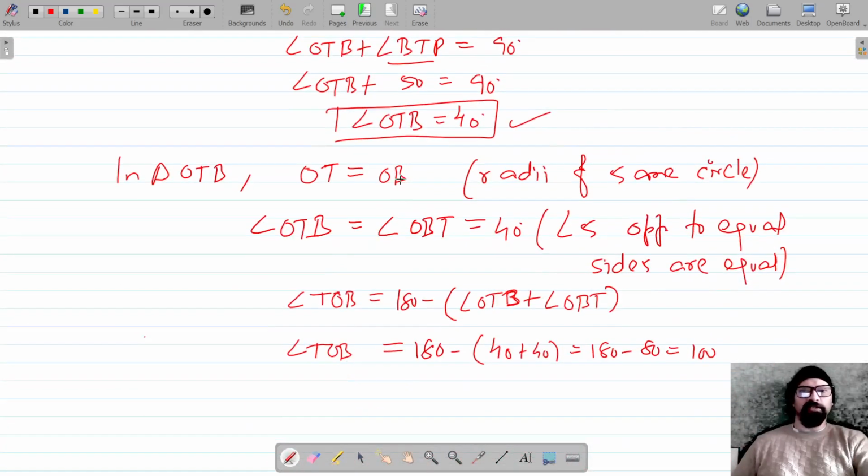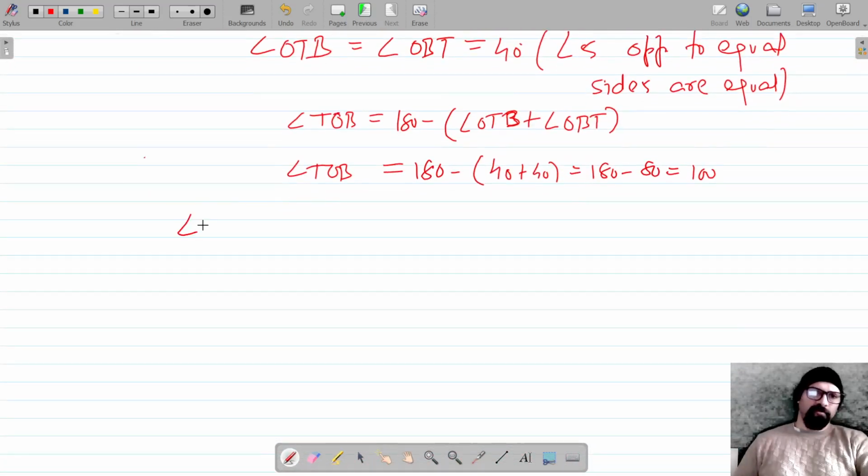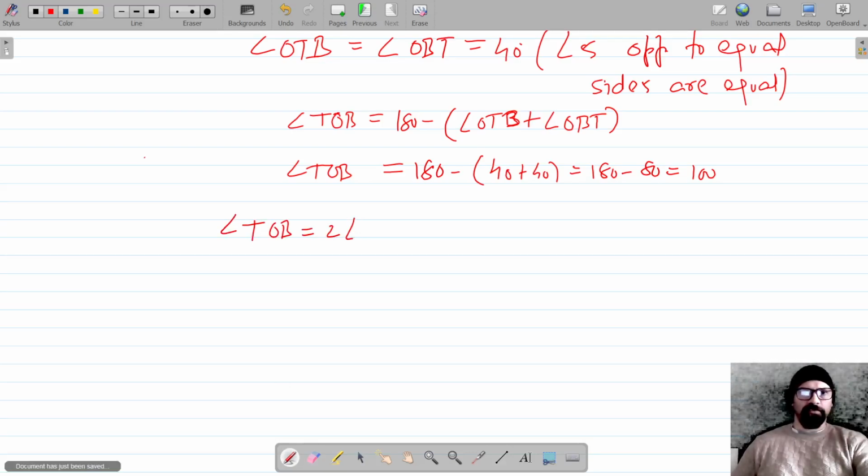So we can say that angle TAB or angle BAT is equal to half. Or let's write it this way: angle TOB is twice of angle BAT.